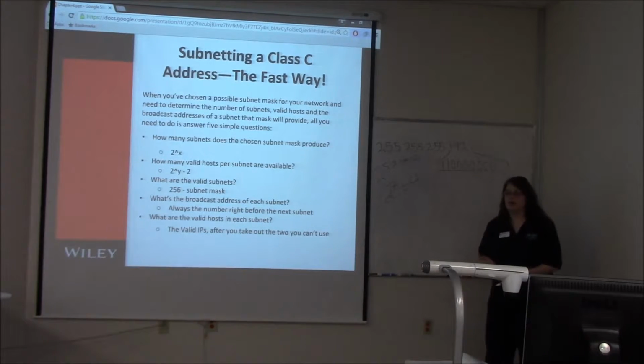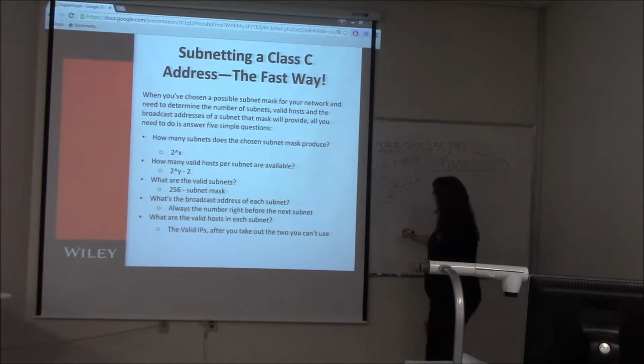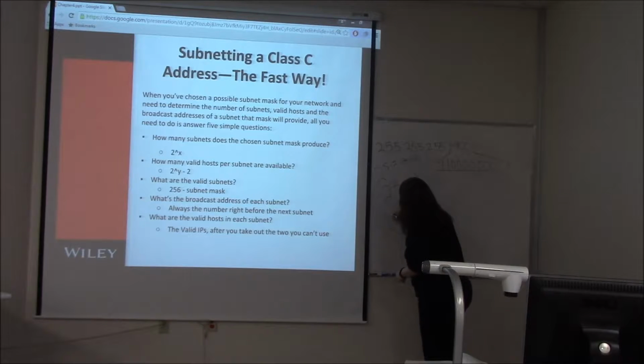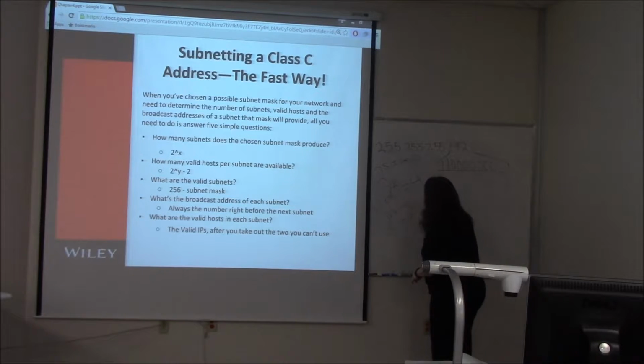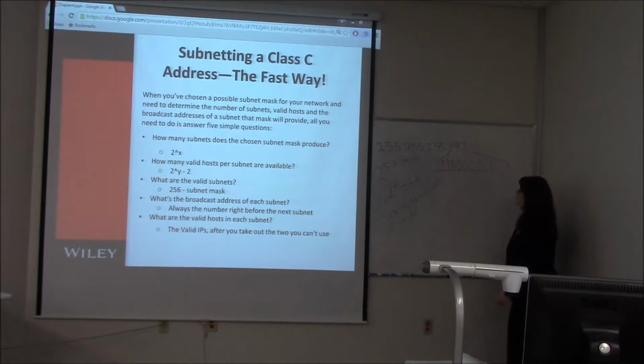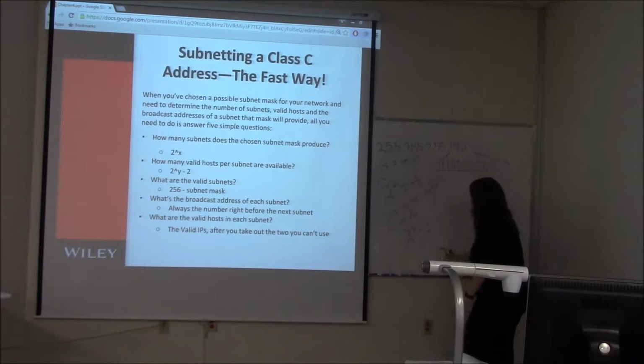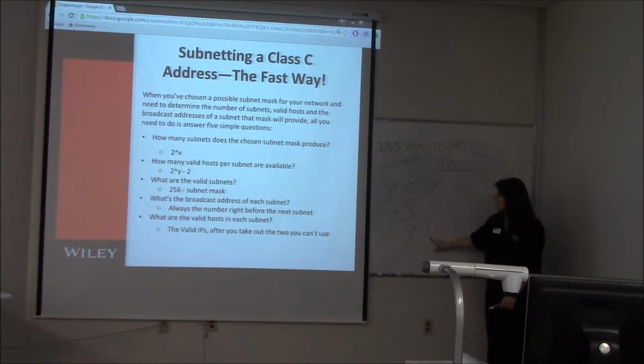Now let's talk about hosts. For the hosts, I'm going to say 2 to the H minus 2, where H is the number of bits off. So how many bits are turned off? 6. So 2 to the 6th minus 2. Now, why did I do minus 2?